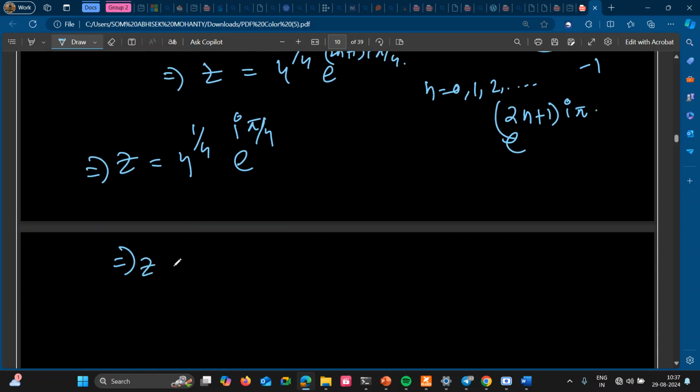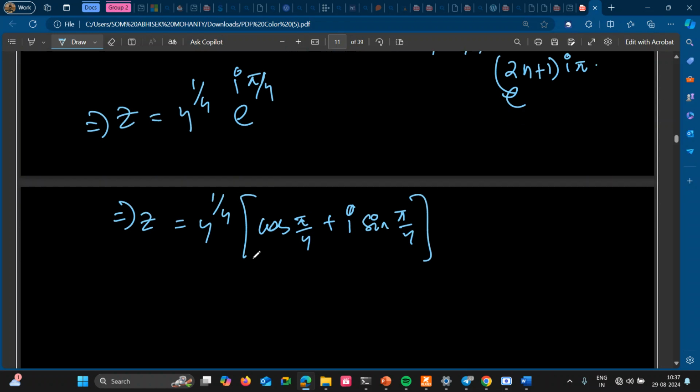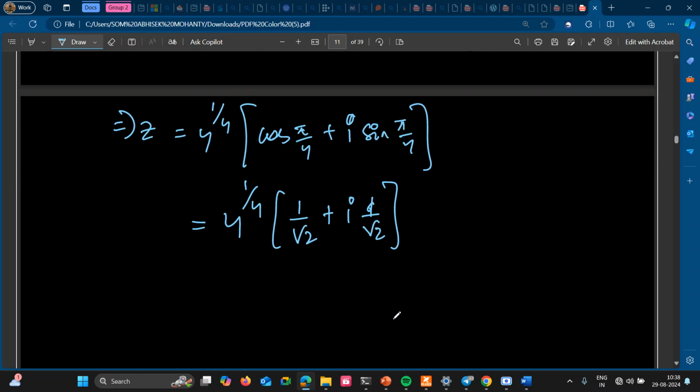So z is equal to 4 to the power 1 by 4 times cos pi by 4 plus i sin pi by 4. Cos pi by 4 is 1 by root 2. So 4 to the power 1 by 4 times 1 by root 2 plus i times 1 by root 2. Okay, let's take 1 by root 2 out: 4 to the power 1 by 4 divided by root 2 times (1 plus i).